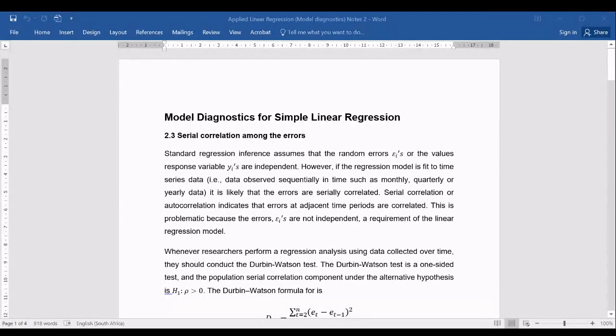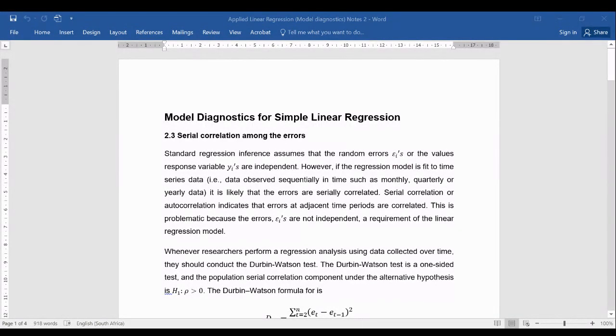Today we are going to look at two methods. The first one is the Durbin-Watson test, where we test for independence. Remember last week we used graphical methods to check some of the assumptions that we made on the model. We have two more tests to cover in this chapter.